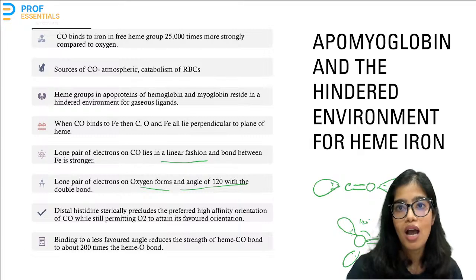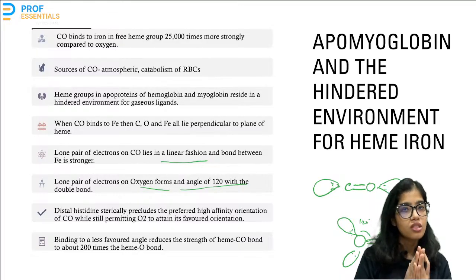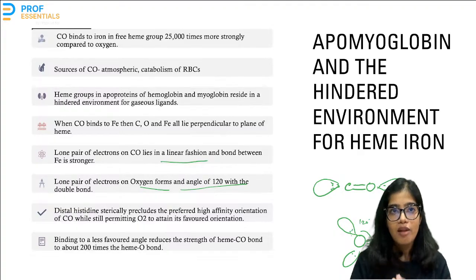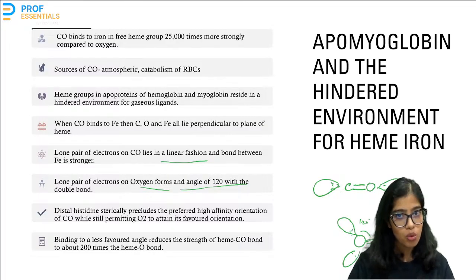So this we know, how there is a hindered environment, or a sterically hindered environment, for carbon monoxide in a normal state. Carbon monoxide is sterically hindered in a normal state from attaching to hemoglobin, and normally only oxygen attaches to hemoglobin.